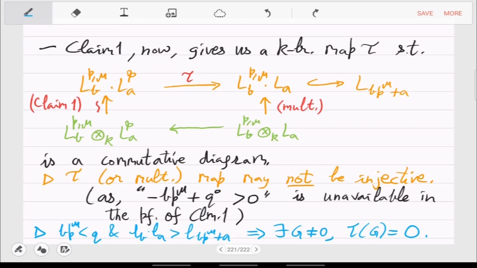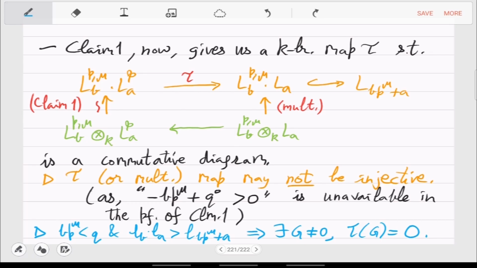This exists because, I mean, BP mu less than Q gives you the injection by claim 1. LB times LA big means that the first vector space has dimension exactly LB times LA, right?